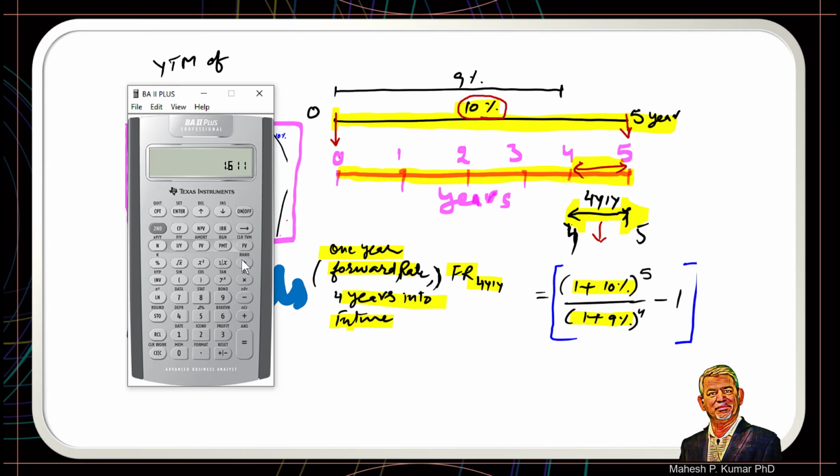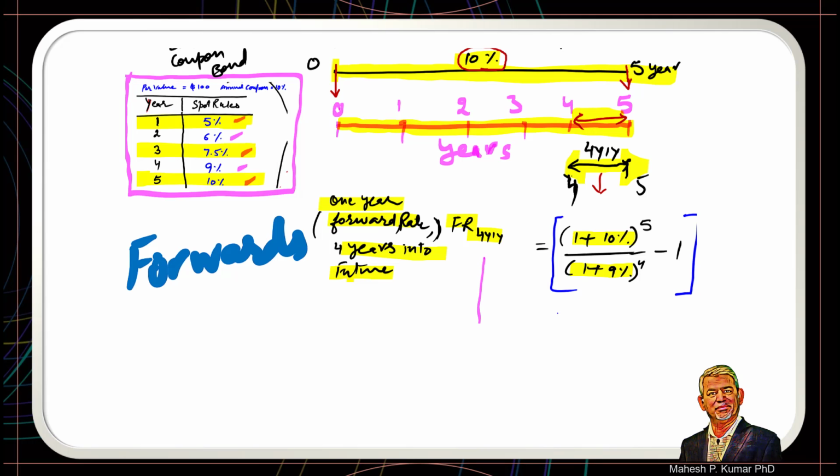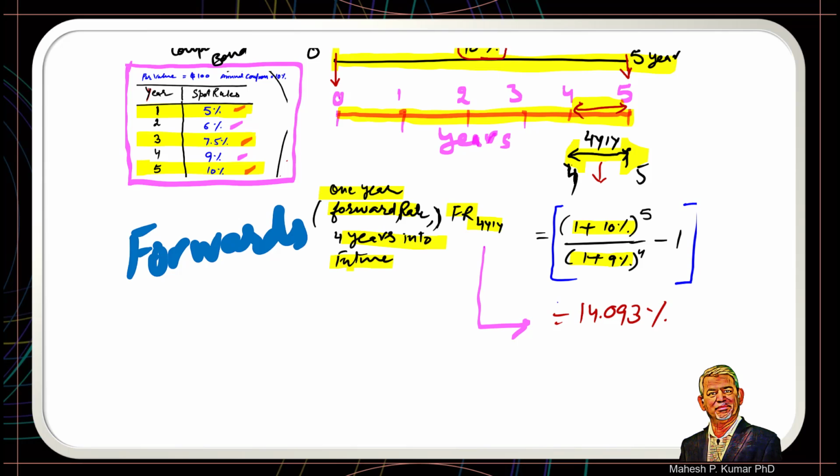Recall 1 divided by recall 2 is equal to, so we got this number, and remember in the formula there is -1, so -1 is equal to, so we got this number, but we want to make it into percentage, so let us times it by 100. So we got 14.093. So the 1 year forward rate 4 years into the future is 14.093%.